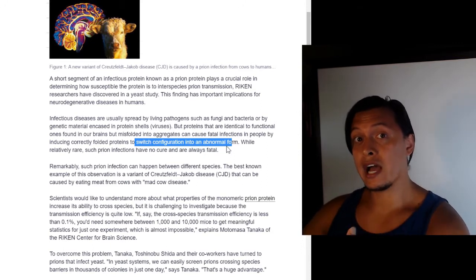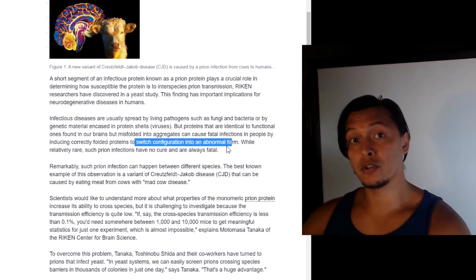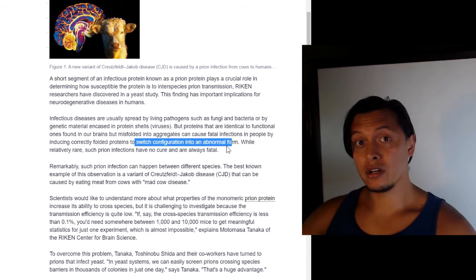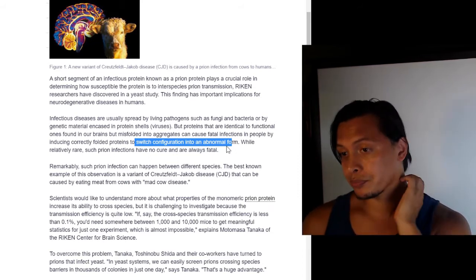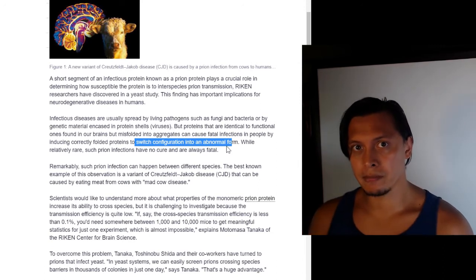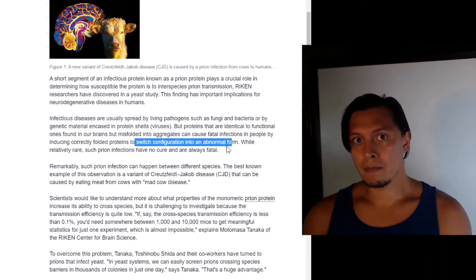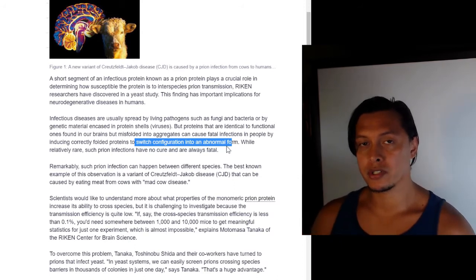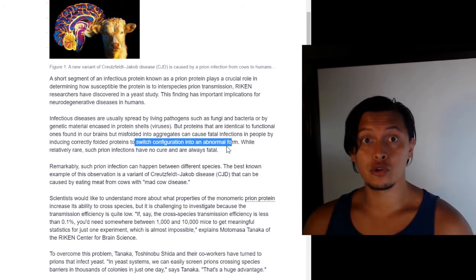But basically, you can have these misfolded protein diseases passing on into the new host, right? And what's really interesting about that is proteins are usually degraded by the digestive system, right? So your body breaks down these proteins into their constituent amino acids.